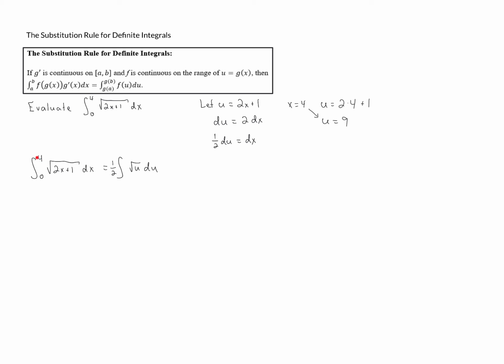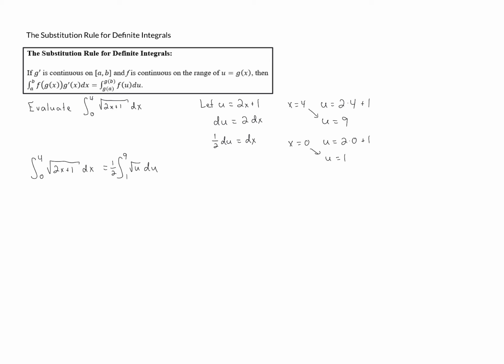So if we look back at our upper limit of integration, it was 4 for x, but we know that the corresponding value for u is 9, so we can write a 9 up there. And then we do the same thing for x equals 0. u is 2 times 0 plus 1, which is going to be 1. So that means that when x equals 0, the corresponding limit for u is going to be 1.